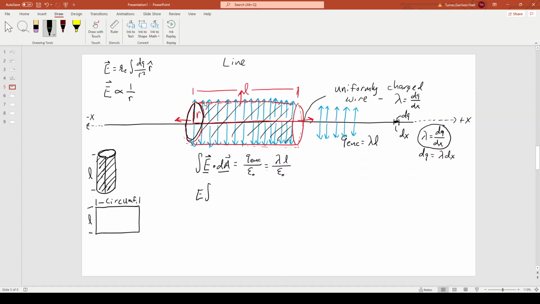And my surface area then is going to be that distance multiplied by my length, because my area is length times width. So the area is going to be 2 pi r L. So this is going to become 2 pi r L.